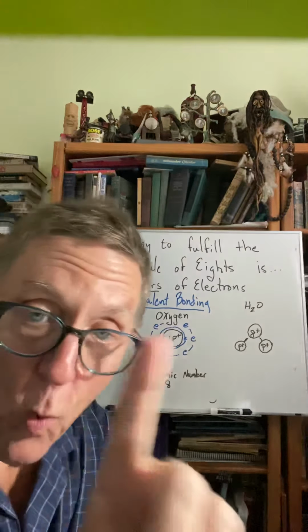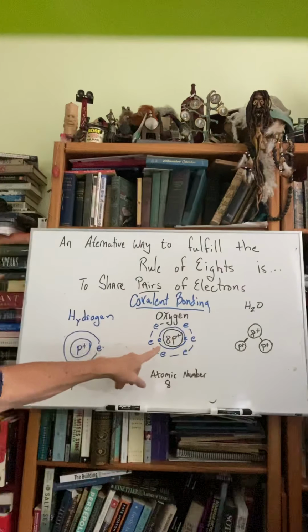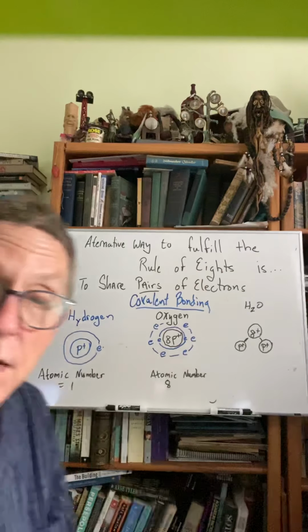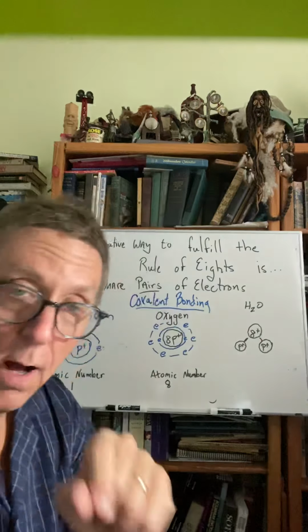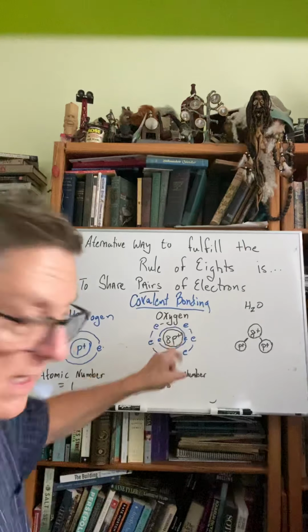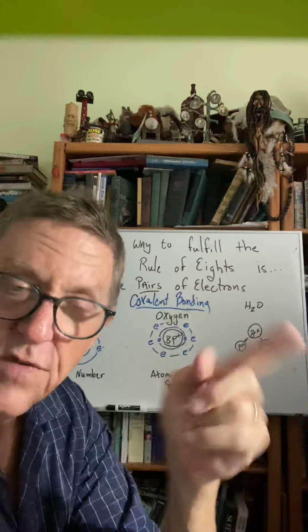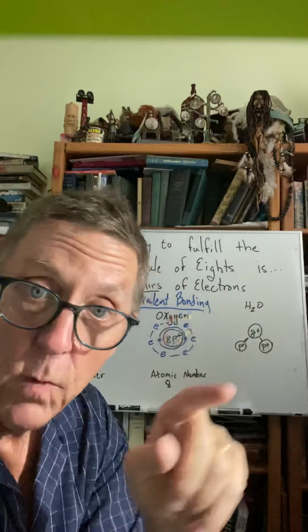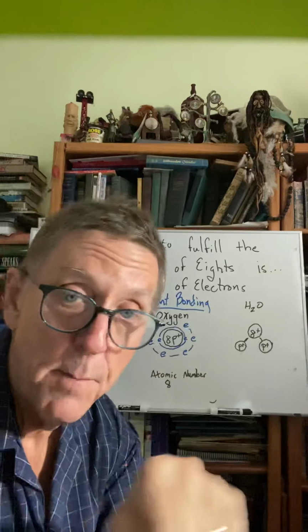That means it has 1 proton and 1 electron. Oxygen, on the other hand, the atomic number is 8. That means it has 8 protons. And again, we have these 2 inner electrons. We don't care about them, except that it tells us that the outer orbit will only have 6. 2 plus 6 is 8. Another simple math problem.